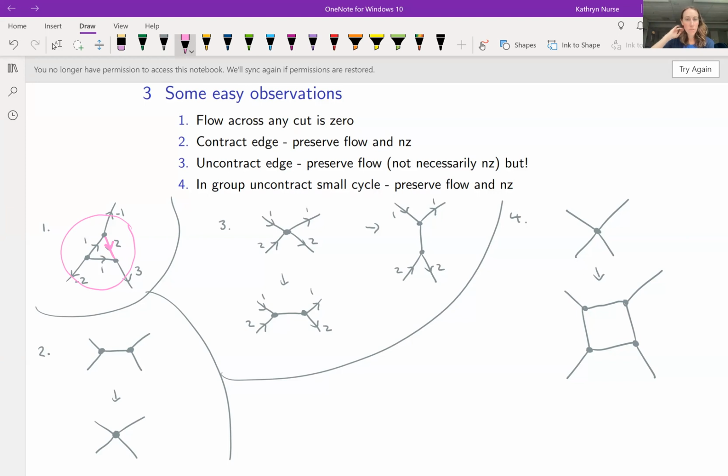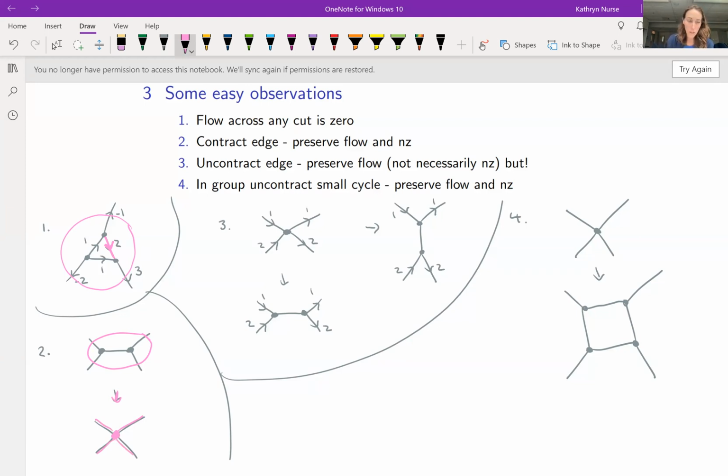The second thing is that we can contract an edge, and we preserve that we have a flow, and we also preserve that the flow is nowhere 0 when we contract. That comes because this is an edge cut, and when we contract that edge, these are all the edges that were in the edge cut upstairs.